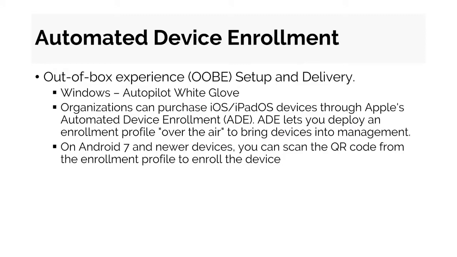So you get a brand new iOS device, unwrap it, send it to the user, they turn it on, and that device right away recognizes that this is not a normal device. It is an enrolled device. So it will say, for example, welcome to Point Alliance. And it will ask you for a username and password, which will be your Active Directory or Azure Active Directory user and password. So I'll put in my email and password. Imagine that. I say okay to that and it builds a machine for me.